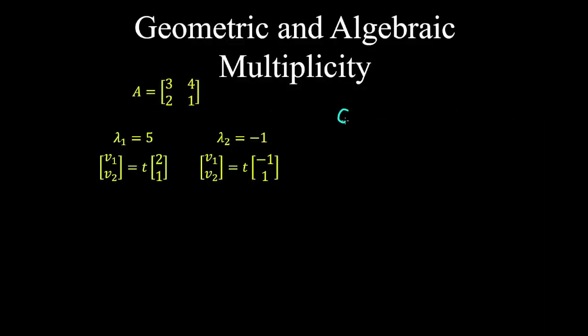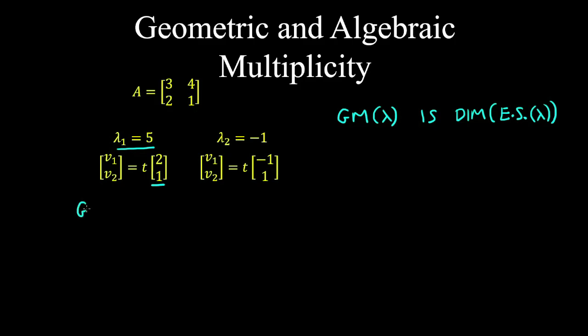The geometric multiplicity of an eigenvalue lambda is the dimension of the eigenspace corresponding to lambda. So for example, our eigenvalue lambda 1 is equal to 5 has an eigenspace with a dimension of 1.